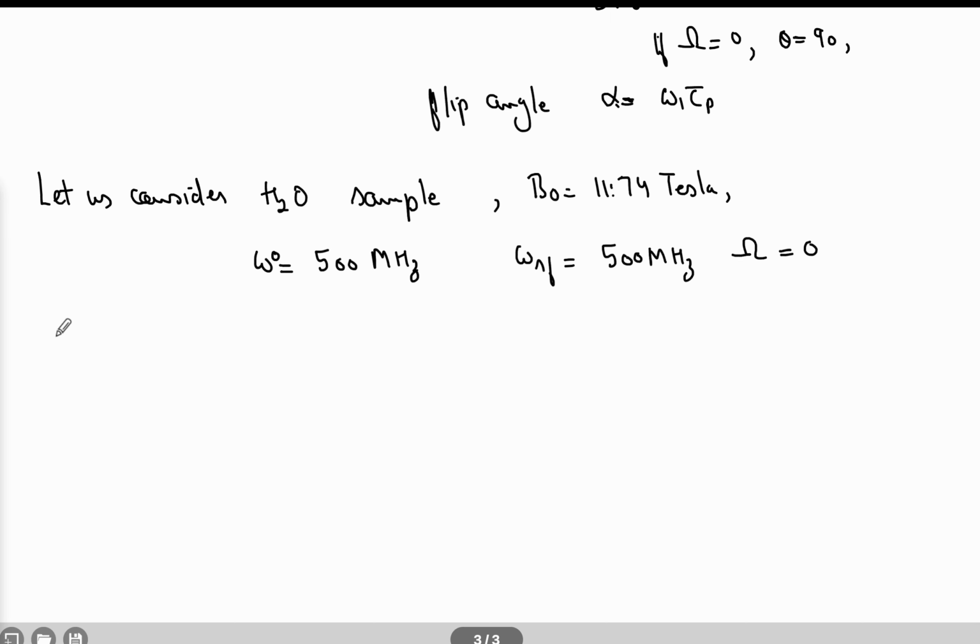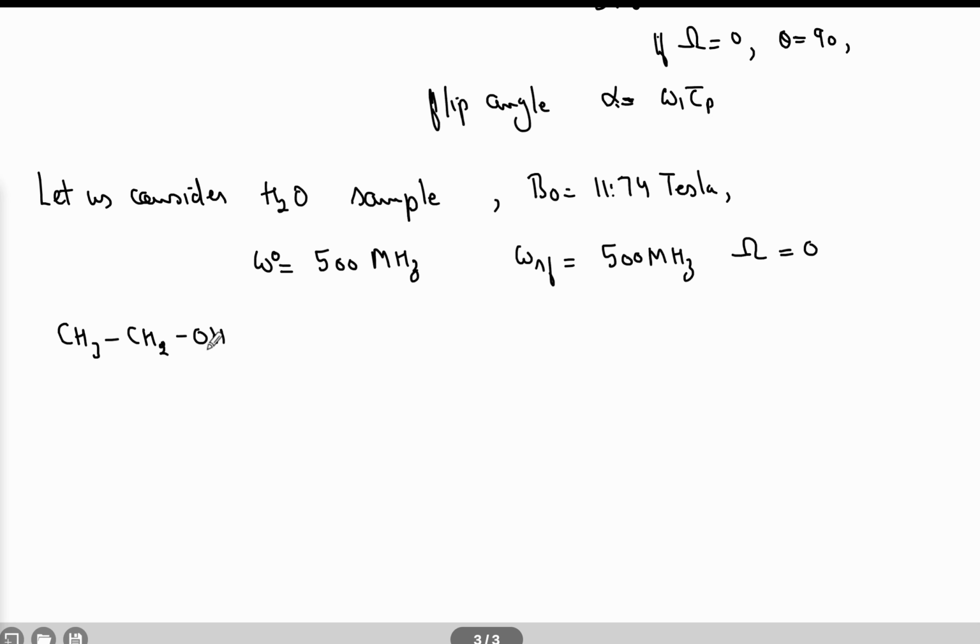Now let us consider a case where different types of protons are present. So let's say we have a CH3, CH2, OH molecule, right? So now in this case, the three protons precess at slightly different frequencies due to non-equal electron densities around each proton.